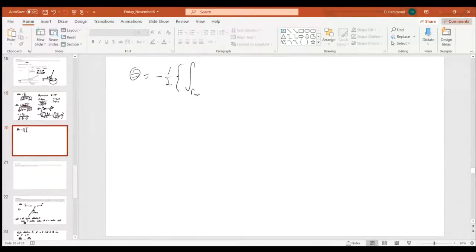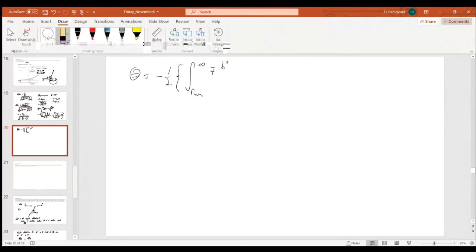And so what we're going to have is the integral from r min to infinity of minus plus b over r squared over the square root of 1 minus b squared over r squared dr, plus the integral from r min to infinity of plus minus b over r squared over the square root of 1 minus b squared over r squared dr.